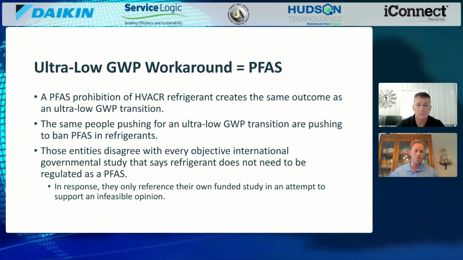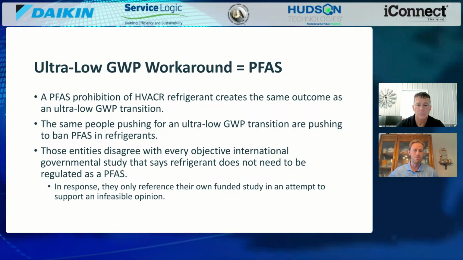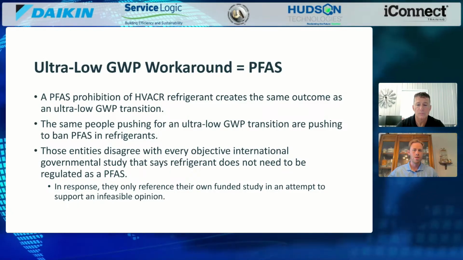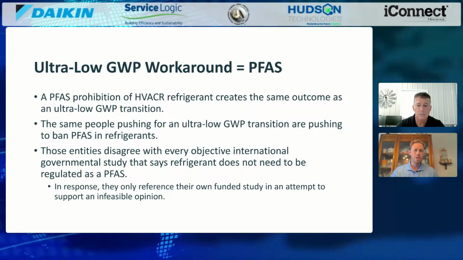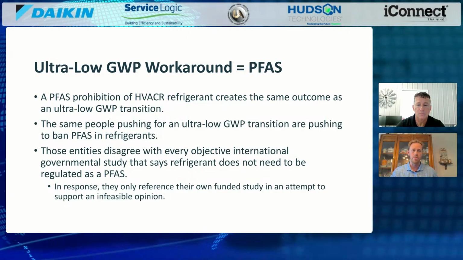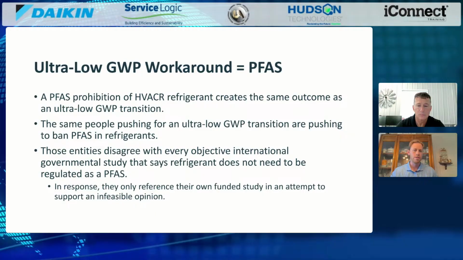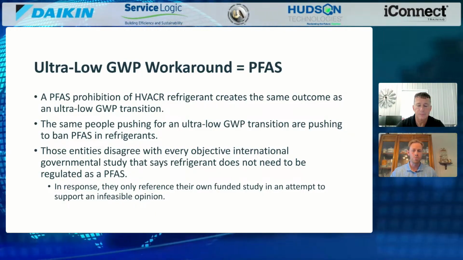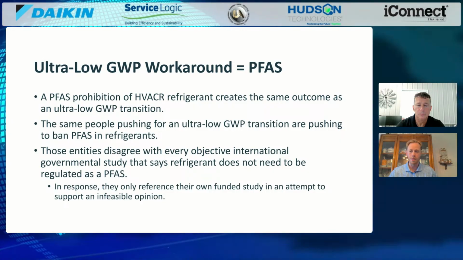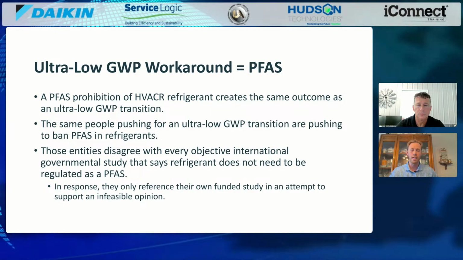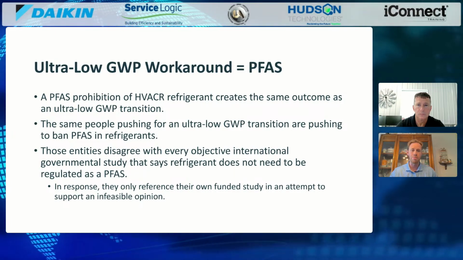Even in the EU, they exempt refrigerant under PFAS prohibitions. But these entities and adversaries still say, nope, we have to do it. That's why we have Minnesota and Maine, the only two states that have done it so far, but they have an exemption that will lapse. And all of a sudden we're going to have refrigerant disappear in those states.